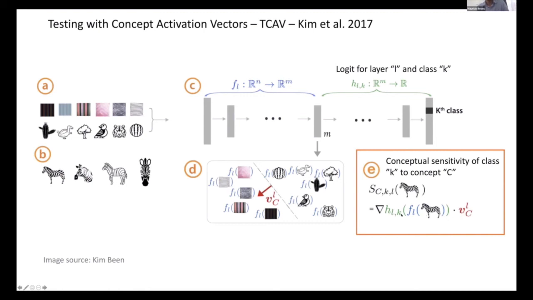So this equation is telling me, calculate the probability that that input image is a zebra, and I'm going to measure that change of probabilities in a given direction, right? So the direction is very important because it's defining the concept or how much the concept is present at that moment.